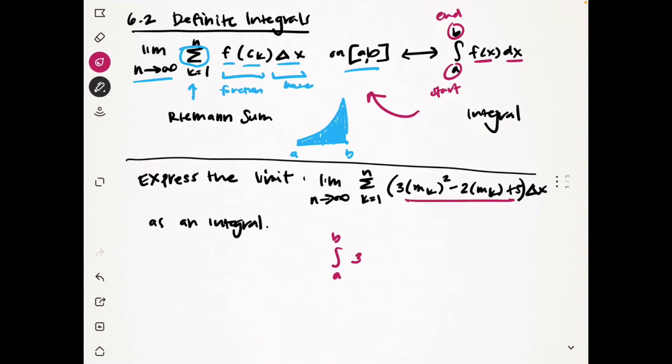All we have to do is replace all those m sub k's with an x. So 3x squared minus 2x plus 5. And rather than say delta x, we're going to say dx. So very simple to convert from the Riemann sum to the integral.